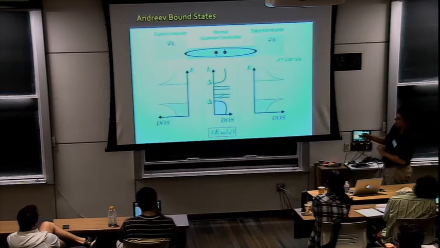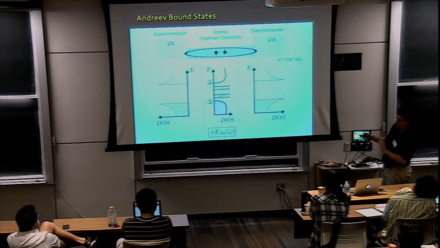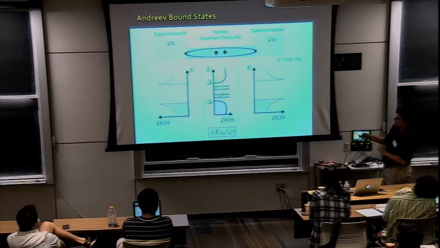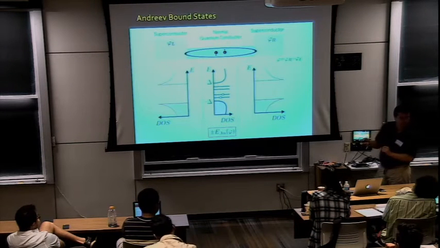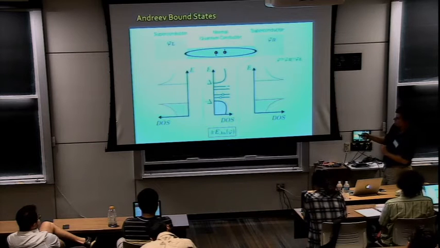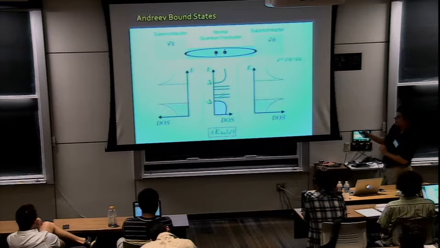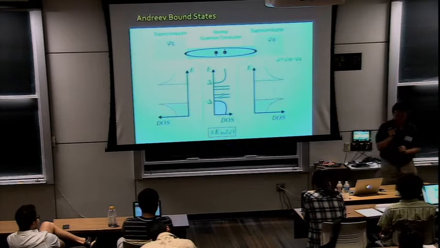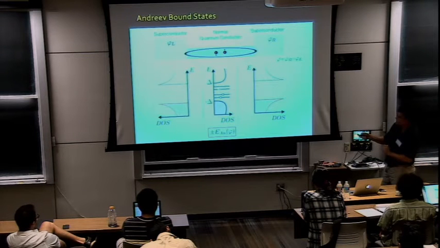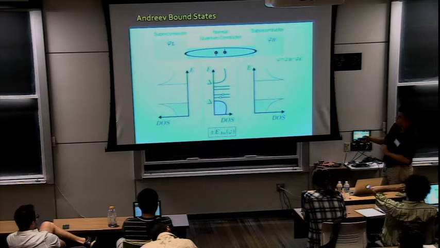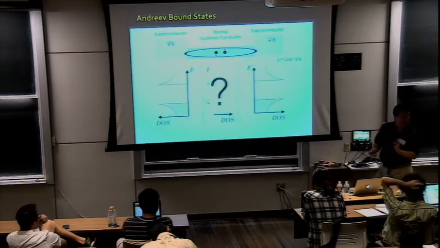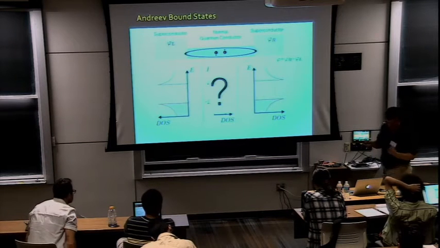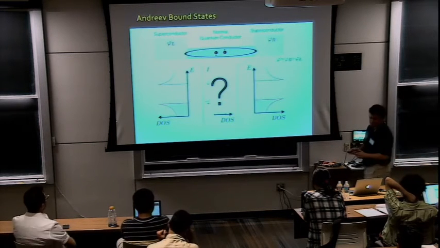And then you have these Andreev bound states, which appear in the ideal case as delta functions inside the superconducting energy gap, and the energy of these Andreev bound states depends on the phase difference across the superconductor. This is the simplest case for a short junction. In general, it's quite a bit more complicated. One has to solve it, and it's not often the case that you can solve it analytically.